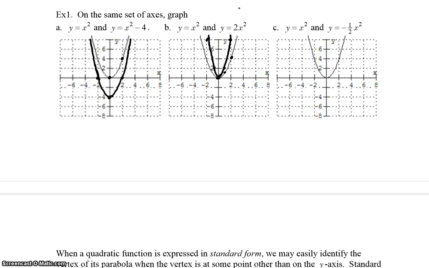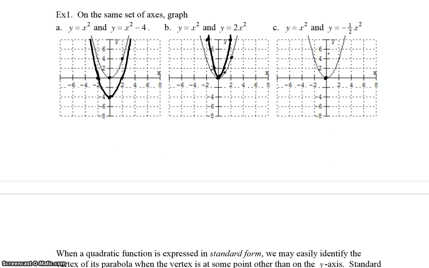And in addition, we have a negative sign, and that is going to give us a reflection so that the parabola opens down rather than up. So we have to take both of these things into consideration. If we plot some specific points, the point at the origin will stay at the origin. The y-coordinate is multiplied by negative 1/2, and negative 1/2 times 0 is still 0.